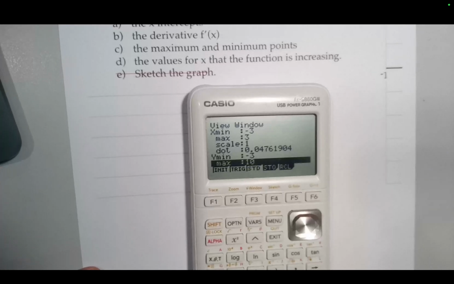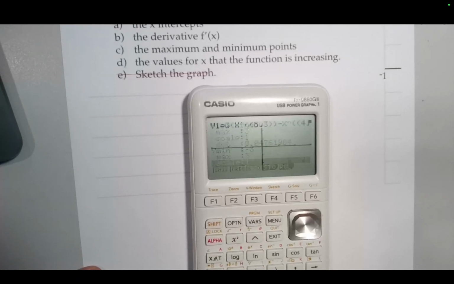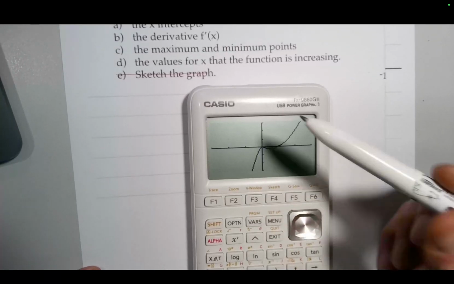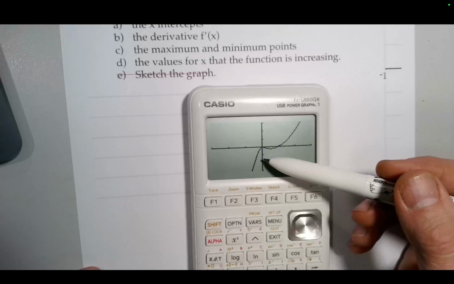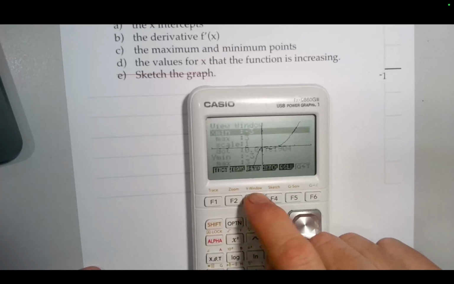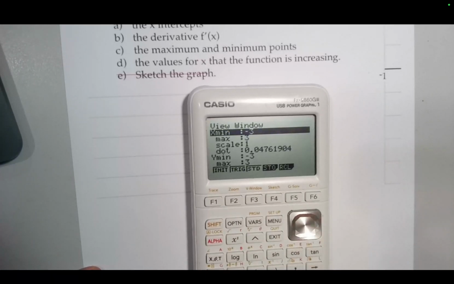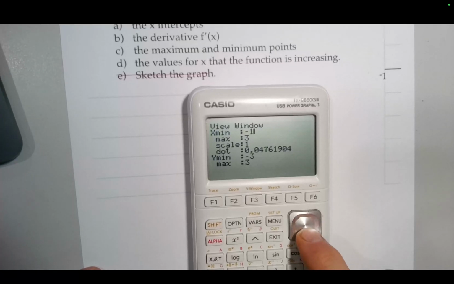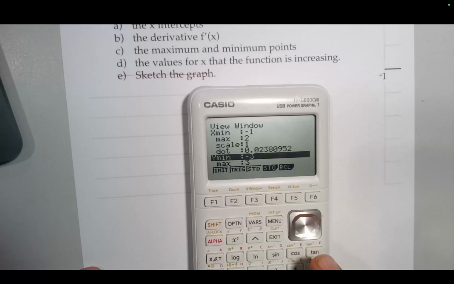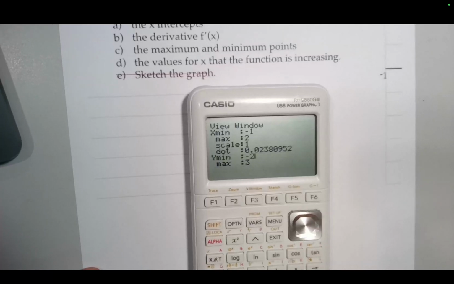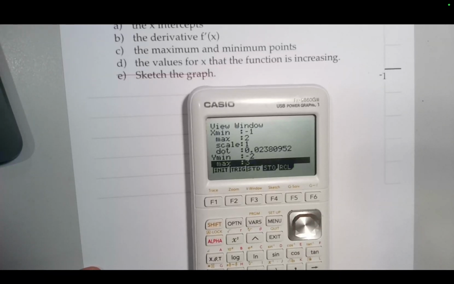-3, 3, and okay, we still need to, so obviously we're saying -1 and 2. What I'm doing here is just getting the confidence with what you're trying to do. Enter, so let's go -2 and 1.